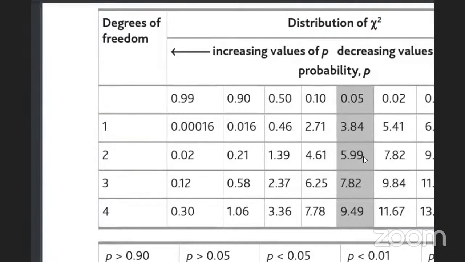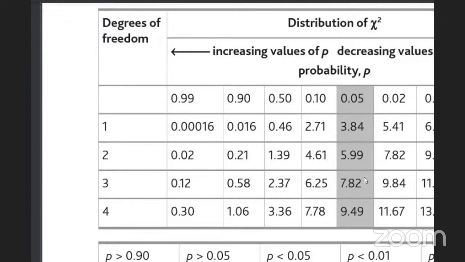You go across to 0.05, it meets at 7.82. What we just got is very much larger than 7.82. Even if it was 7.83, once it is above it, what do we do? We reject the null hypothesis. The difference was not due to chance.